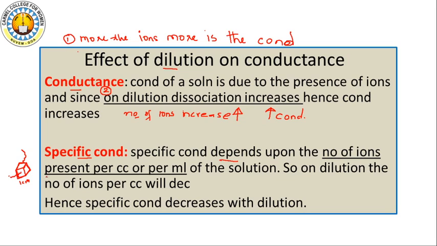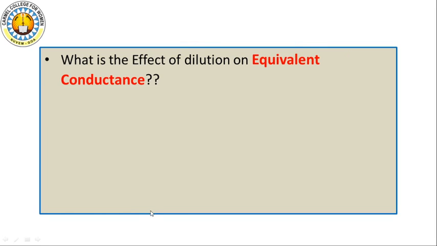So the number of ions in that will decrease. So on dilution, the number of ions per centimeter cube will decrease. Are you following me? So if the number of ions per centimeter cube decreases, then specific conductance is said to decrease with dilution. So you have to be very clear with these concepts.